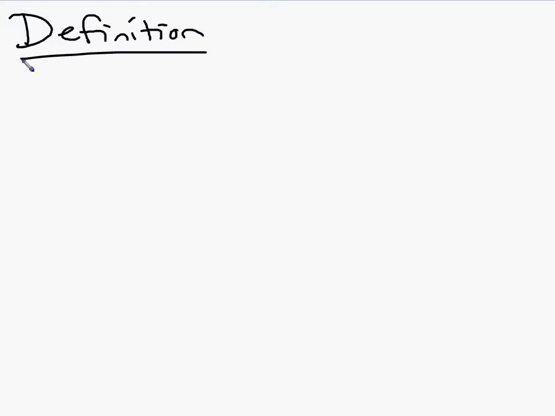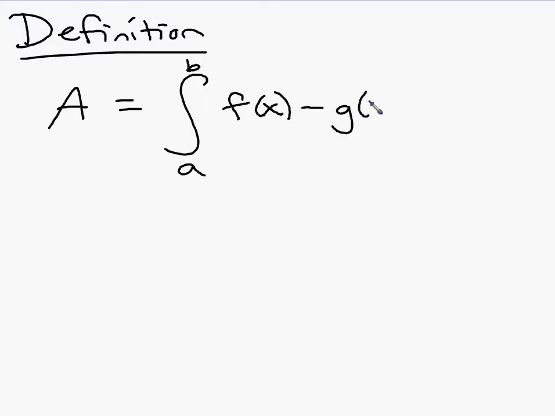So the definition is just that the area is going to be the integral from a to b of f of x minus g of x dx. So we're just going to subtract the bottom function.